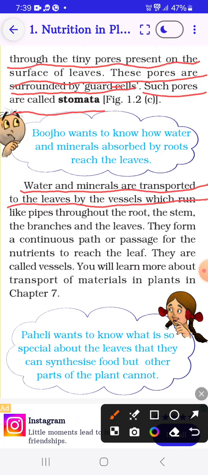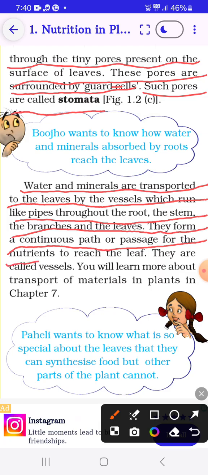Water and minerals are transported to the leaves by vessels which run like pipes throughout the root, the stem, the branches and the leaves. They form a continuous path of vessels for the nutrients to reach the leaf.